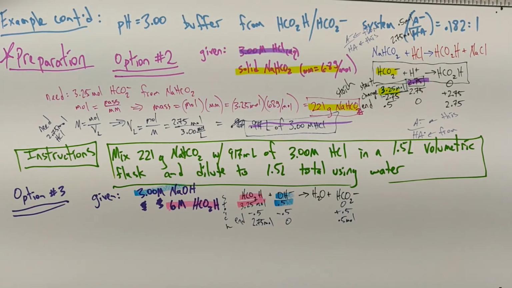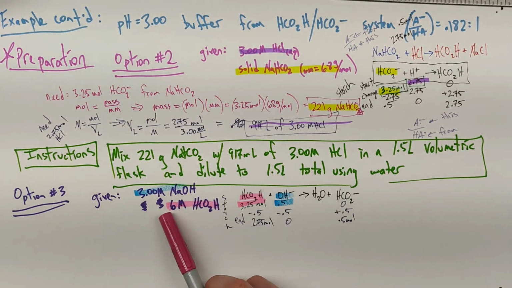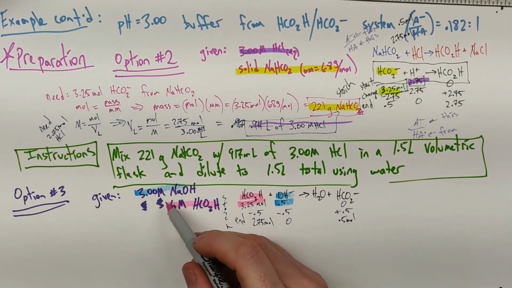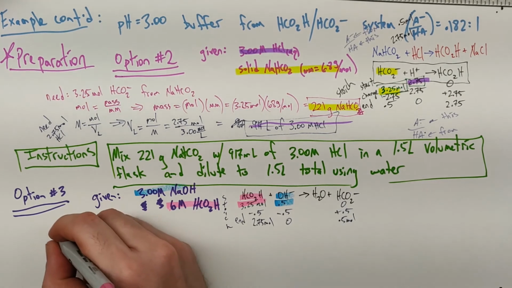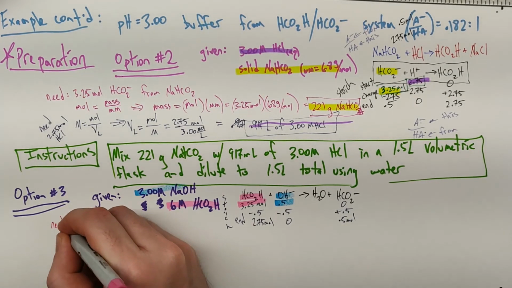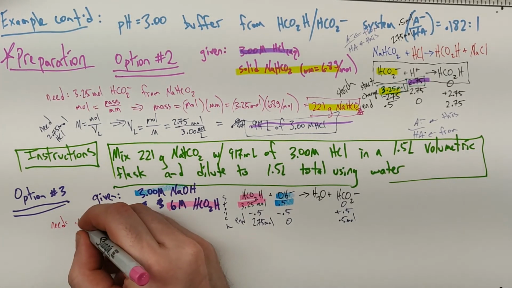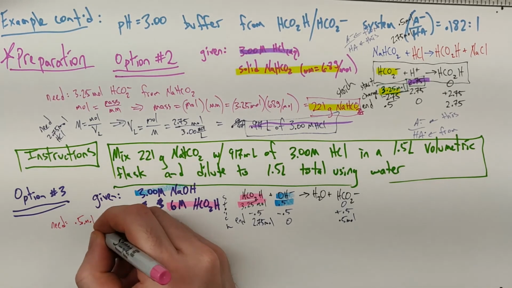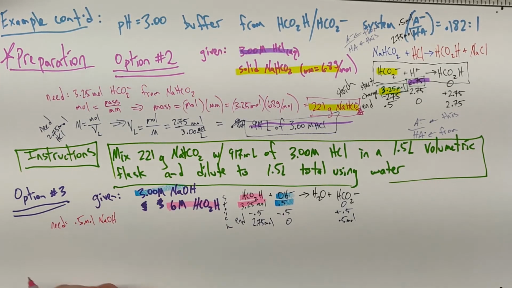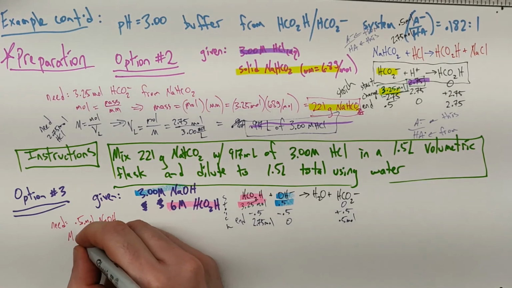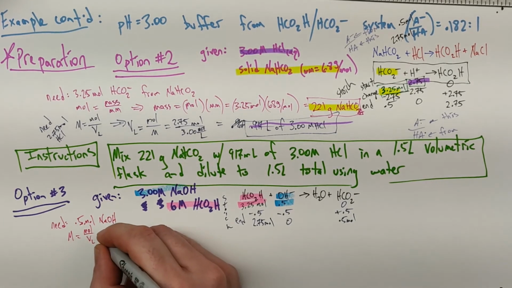Now we're going to do this exact same type of breakdown. We have a molarity in moles, we can get a volume. Molarity for our NaOH, 0.5 moles NaOH. So we know molarity, moles over volume in liters.